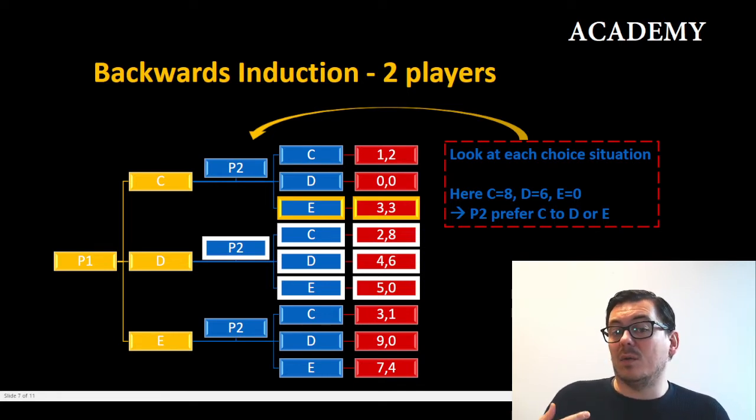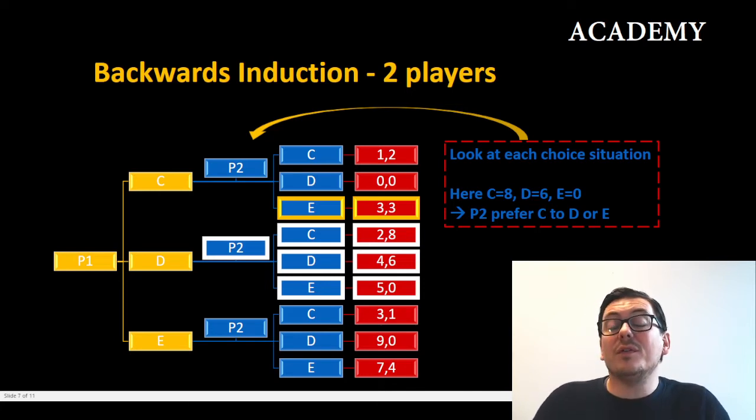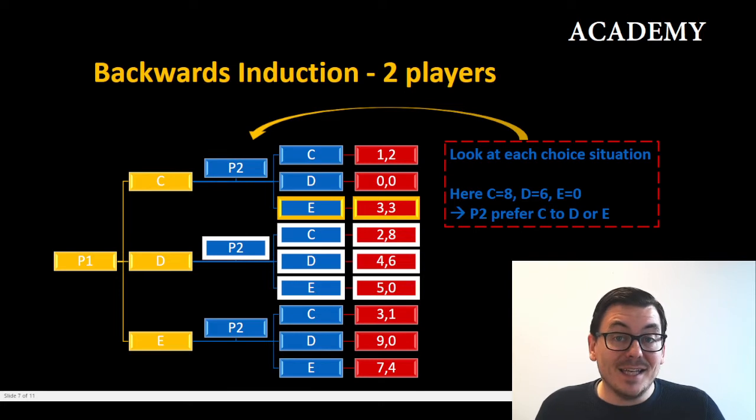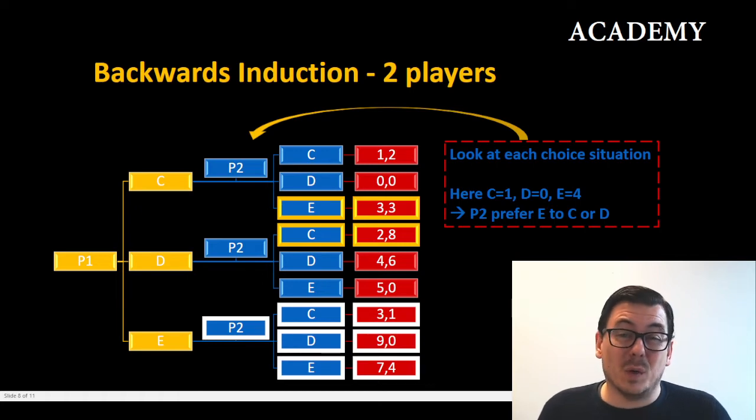Now C equals 8, D equals 6, and E equals 0, which means, of course, that player 2 would prefer strategy C rather than D or E. We're going to note this and go to the last choice situation where we still have C, D, E. The payoffs are now 1, 0, or 4, and of course, player 2 would prefer 4 to 0 or 1.